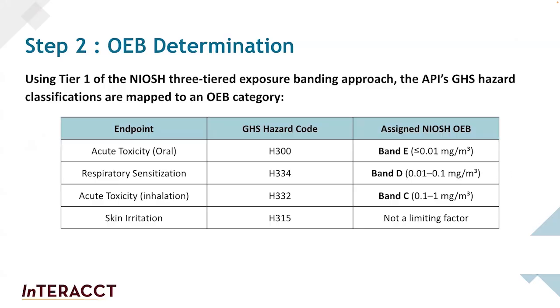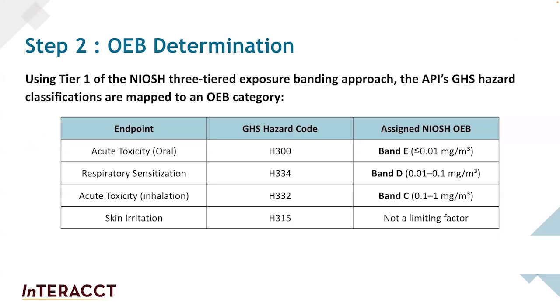Continuing with Step 2, here we see how the API's GHS hazard classifications are mapped to specific occupational exposure bands under the NIEHS Tier 1 approach. For acute oral toxicity, classified as H300, the API is assigned to band E, with an exposure range of less than or equal to 0.01 milligrams per cubic meter.